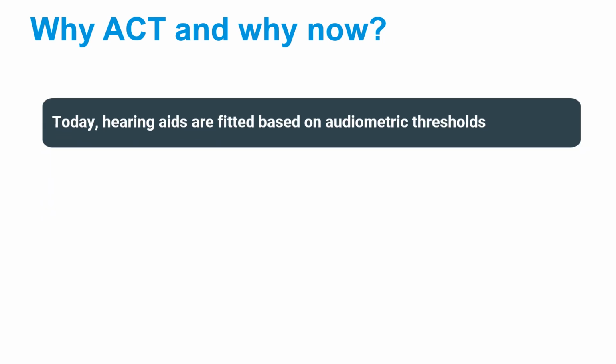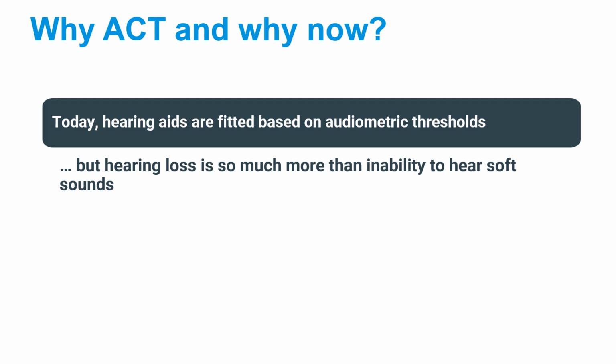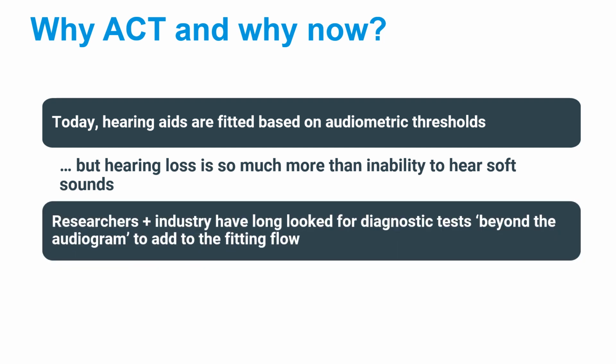Today, hearing aids are fitted based on audiometric thresholds from 250 Hz to 8,000 Hz. But hearing loss is so much more than the inability to hear soft sounds. Researchers and the hearing aid industry have long looked for diagnostic tests that go beyond the audiogram to add to the fitting flow.